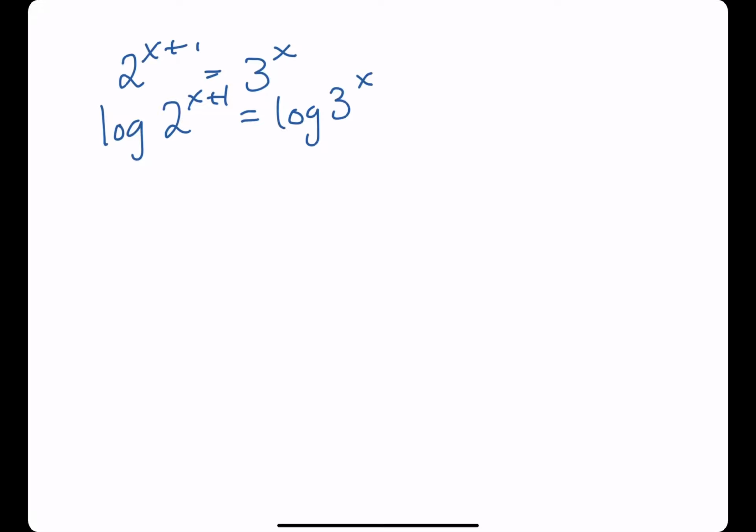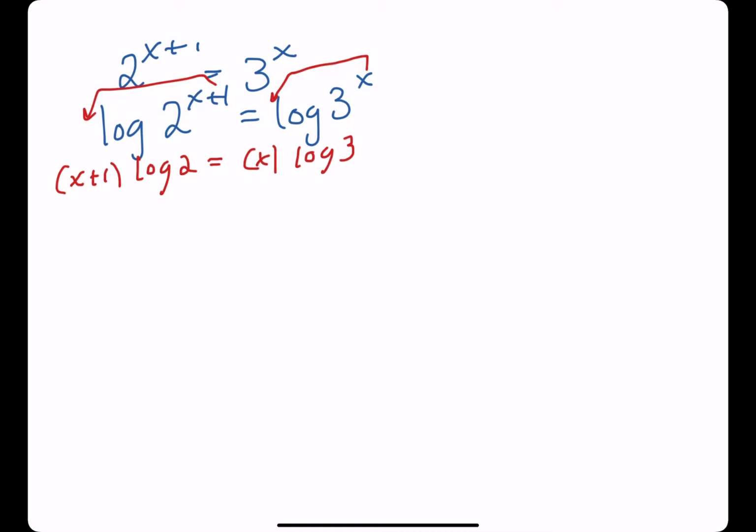That allows you to take these exponents out of the exponent spot. So now I can put the x plus 1 here and the x here. So now they're coefficients.